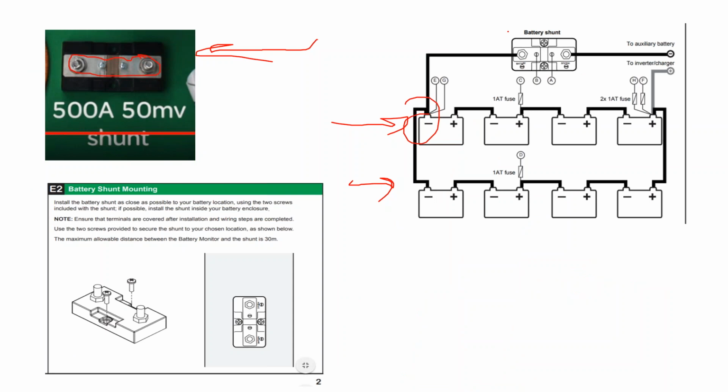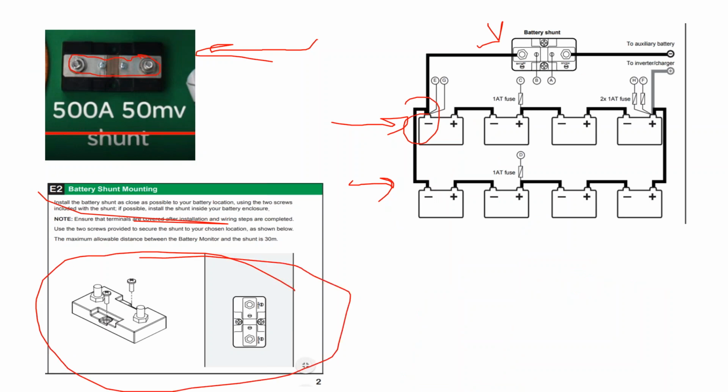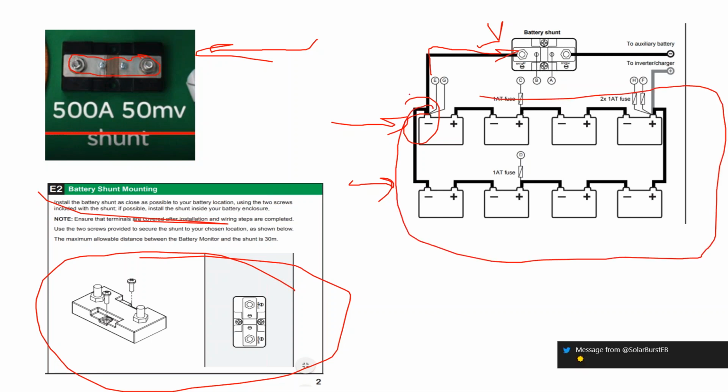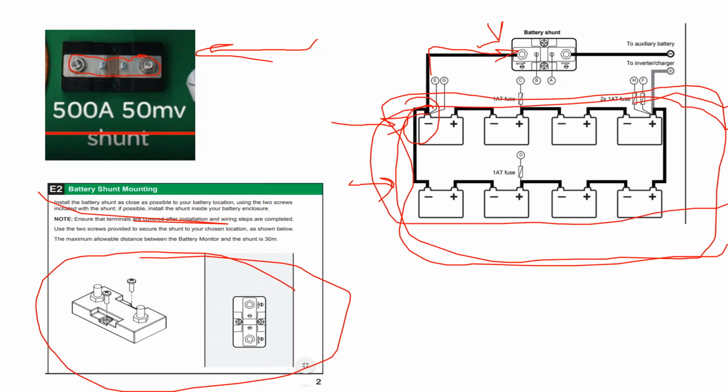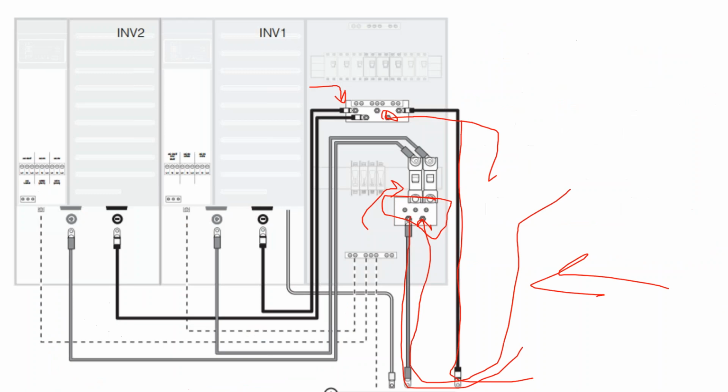Because the line diagram in the manual is designed around 1 battery string. In this picture from Schneider, it's already showing 2 strings of batteries, but we would land our 2 strings onto this bus, and at that point, there's no location to land the shunt.